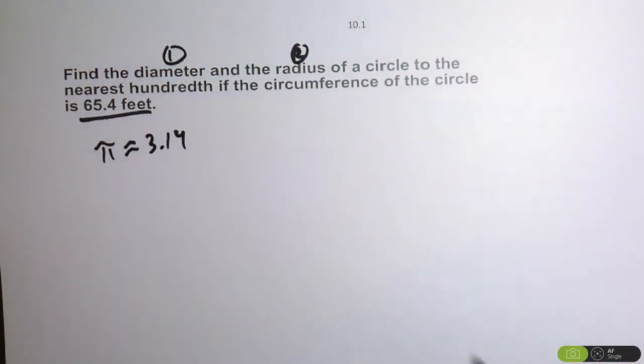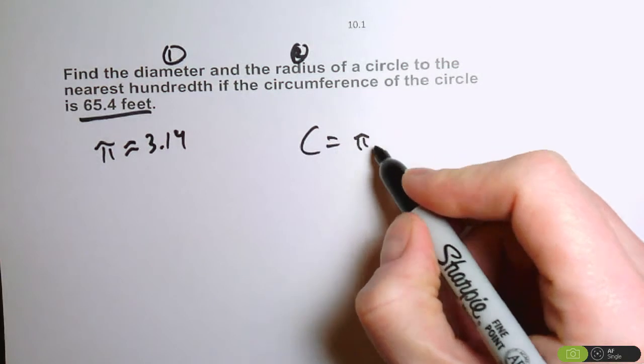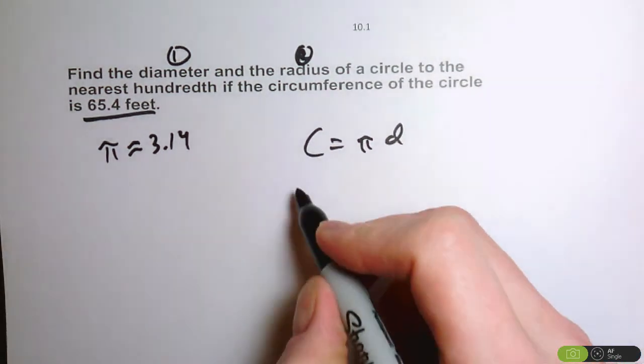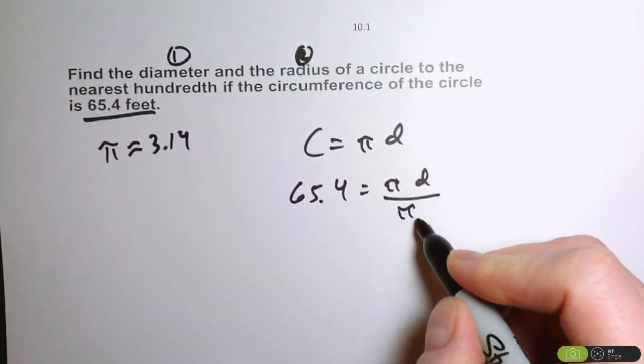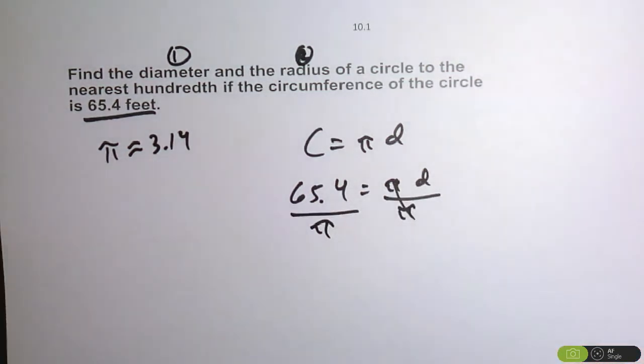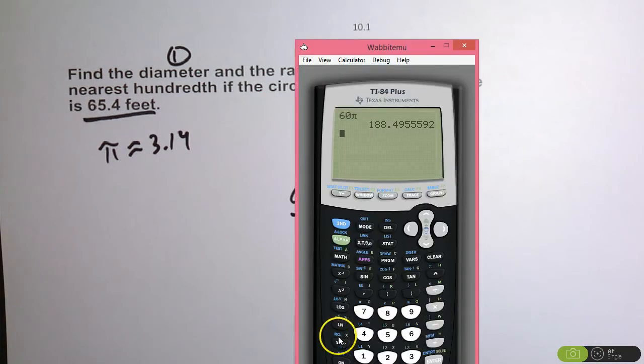So what I'm going to do is find the diameter first, because it's just simply pi times diameter. So 65.4 equals pi times d, divided by pi. And now I can just throw that into my calculator, 65.4 divided by pi. Let's say go to the nearest hundredth.